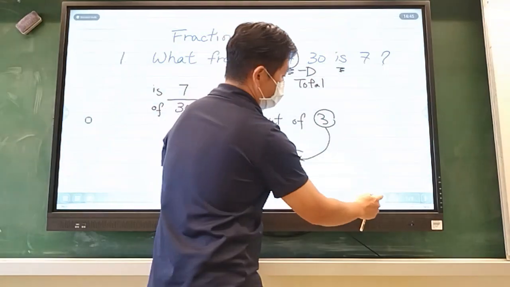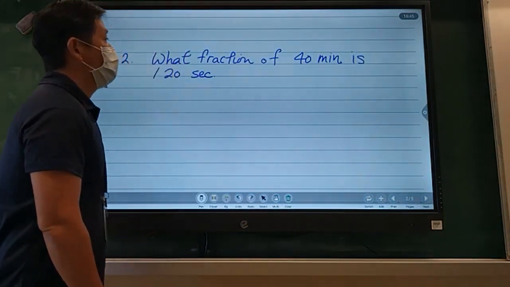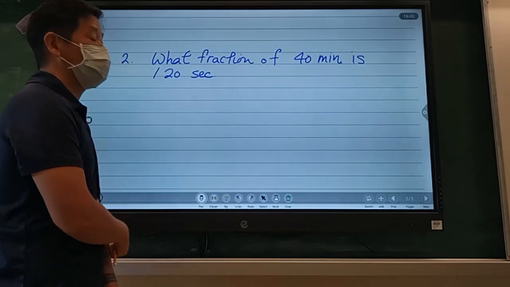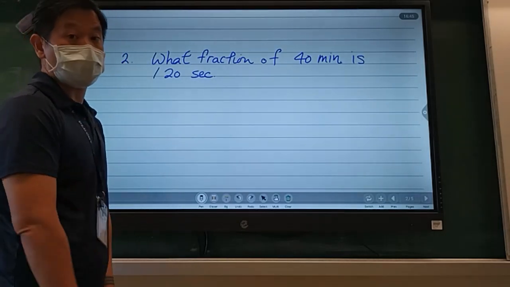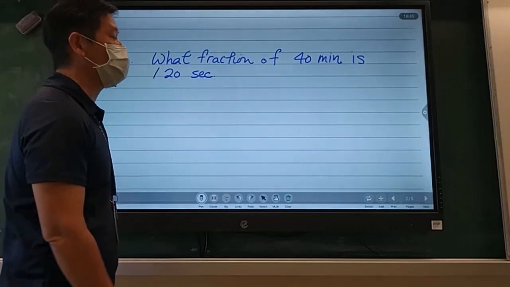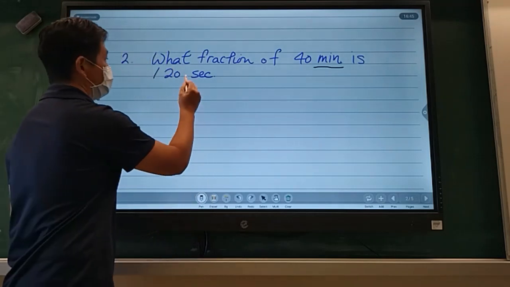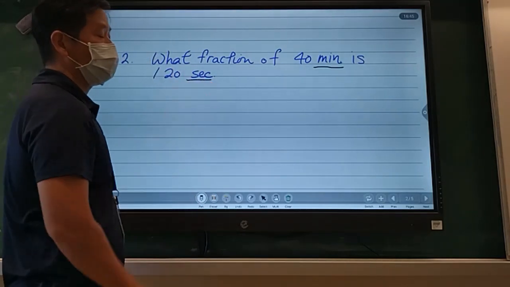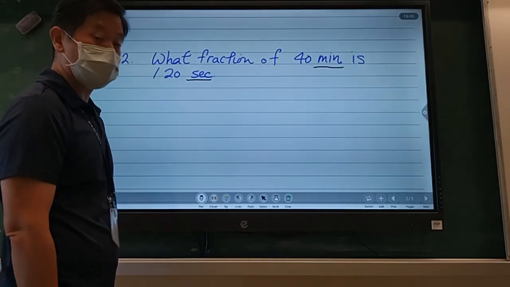So, let's take a look at another one. What fraction of 40 minutes is 120 seconds? Now, this is the same type of question, but it's got a twist to it. Notice, it's got 40 minutes, and it's got 120 seconds. Okay? So it actually has different units. So when we set it up together, we're going to have to convert some of these things.